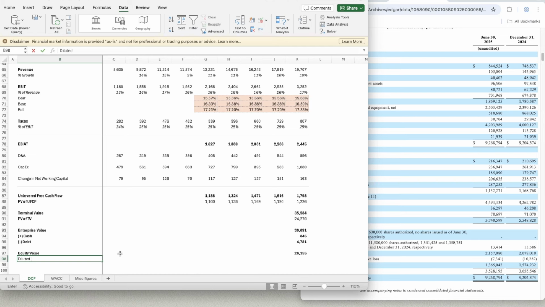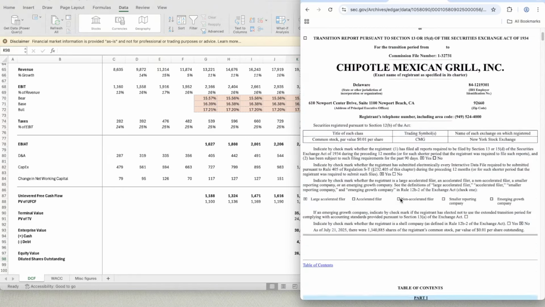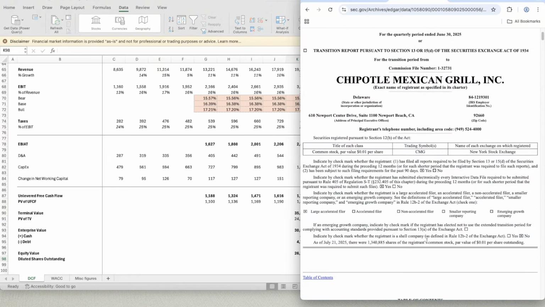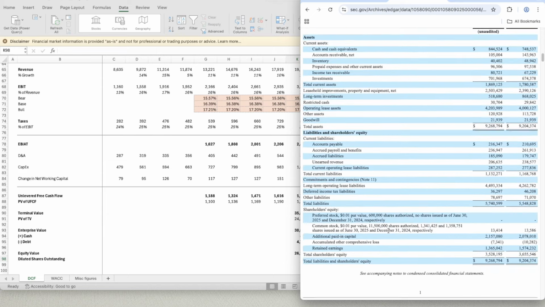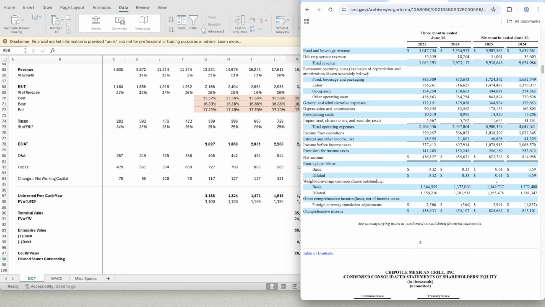Then we find the diluted shares outstanding. Usually it tells you what all the shares are, but we want the diluted, and that is here. So let's go on the 6 months ended, 1355.478.